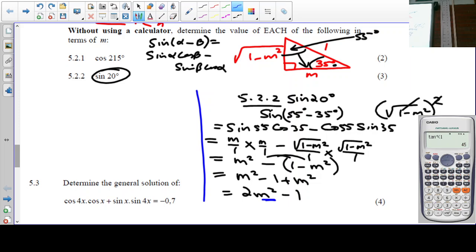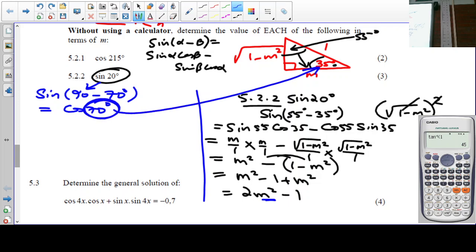So what I'm going to do is change this to cos. Sine of 20 can be written as cos of 70. So sine 20 is sine of 90 minus 70, which is cos 70. That's your correlation. Now what relationship exists between 70 and 35? It's twice the angle, it's double angle. So in other words, we have cos 2 times 35.